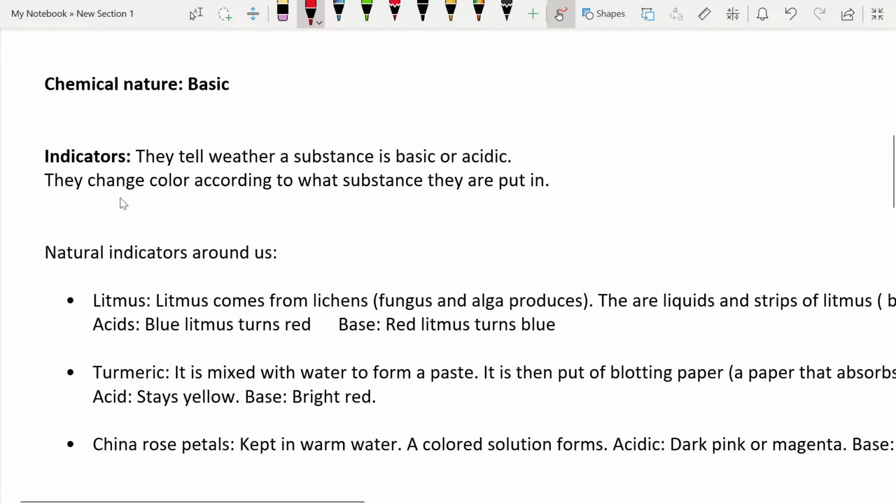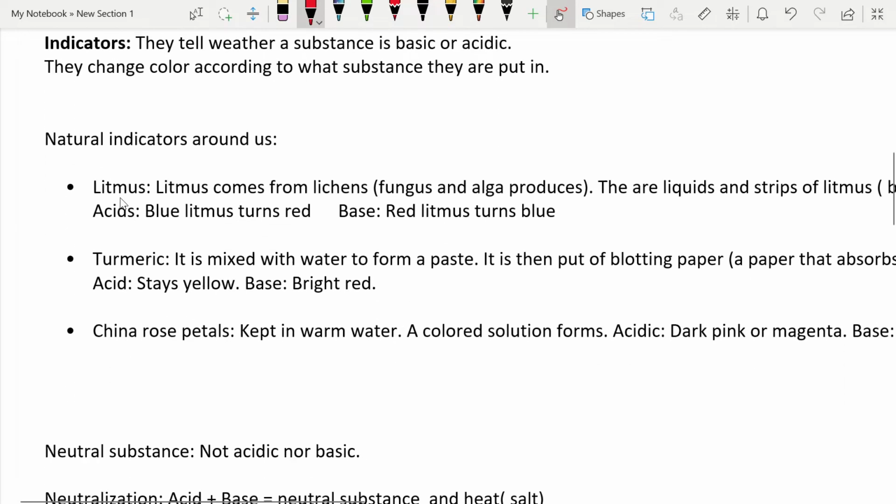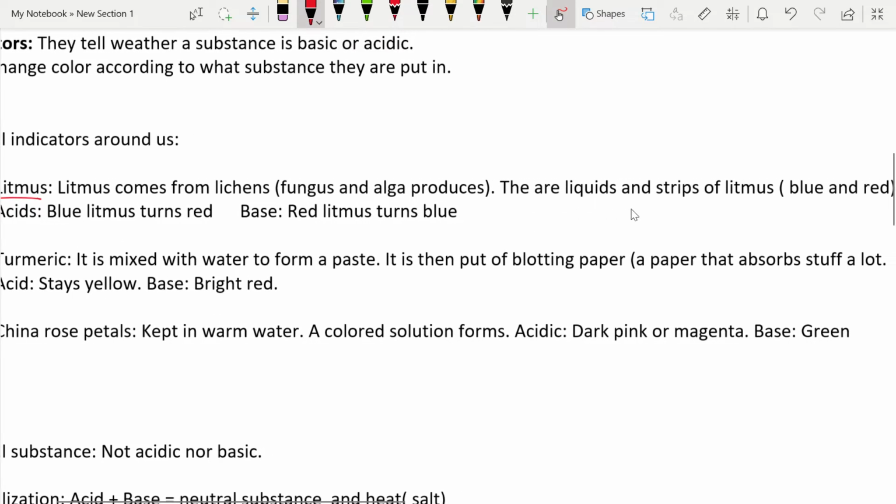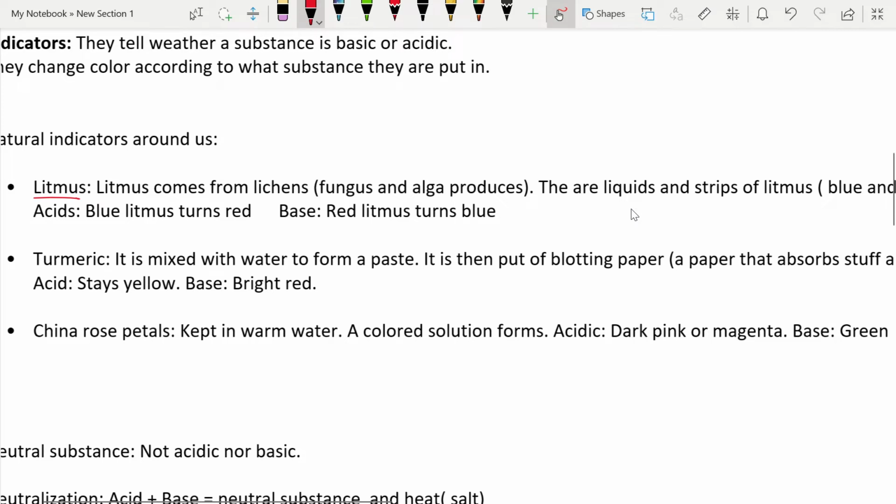Now there are things called indicators. They will tell whether a substance is basic or acidic. They change color according to what substance they are put in. Now natural indicators around us. Litmus. Litmus comes from lichens, which are found between fungus and algae.